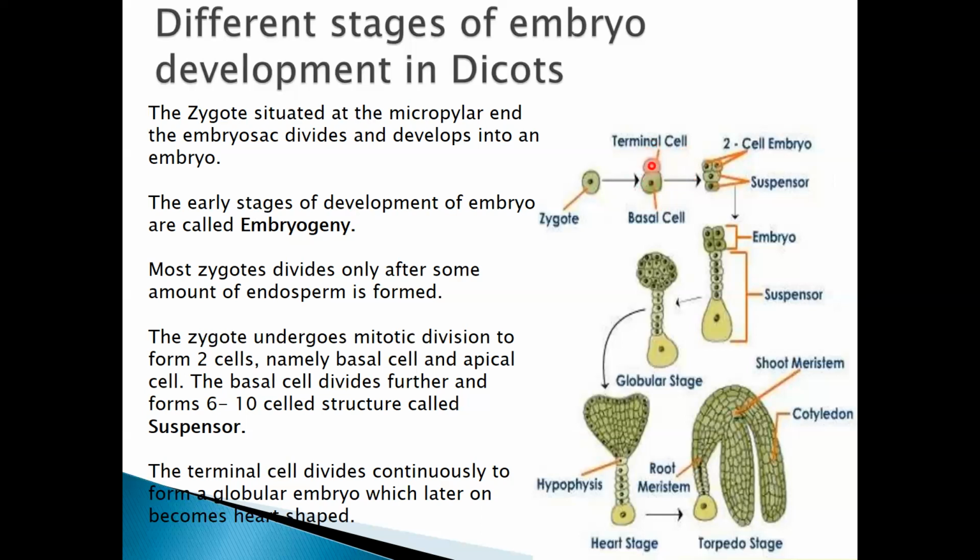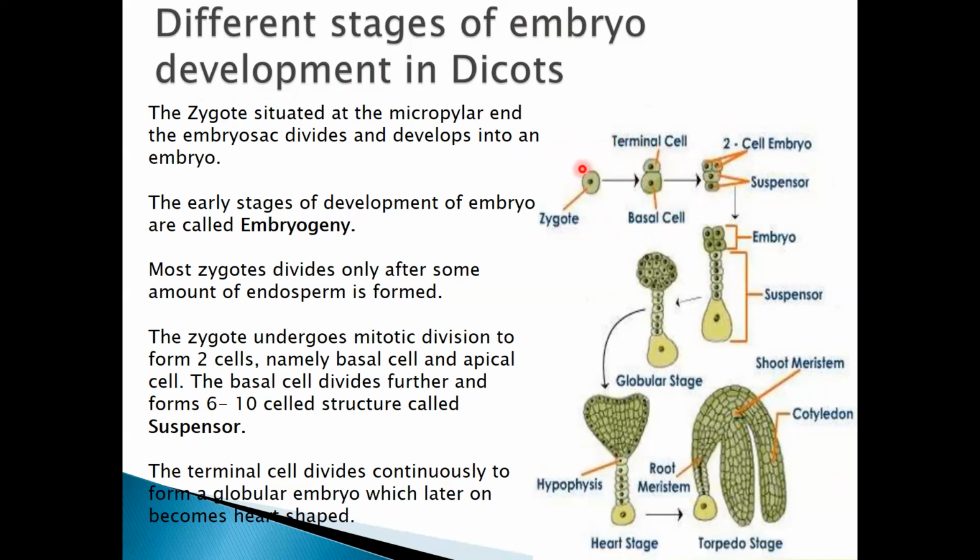Yes, the basal cell and the apical cell, by the mitotic division. Listen to me carefully. We are now studying the different stages of embryo development in zygotes. And the whole process is known as embryogenesis. And who develops into embryo? Zygote develops into embryo.